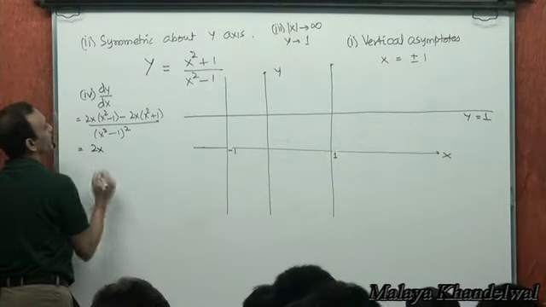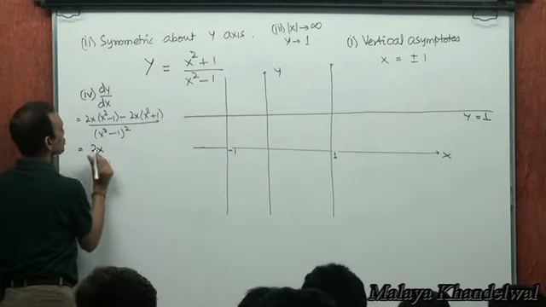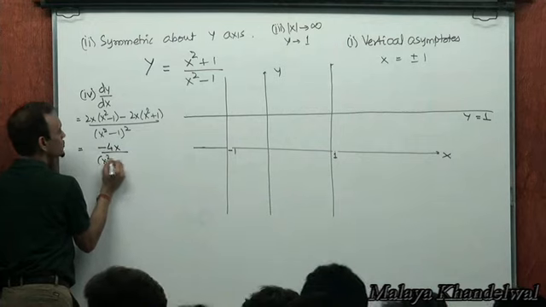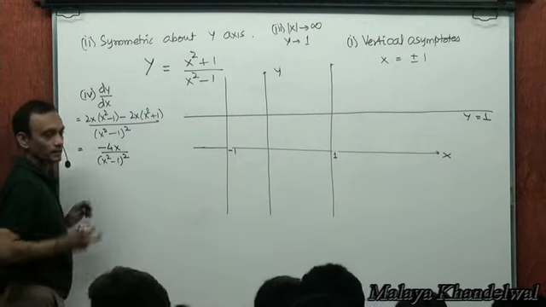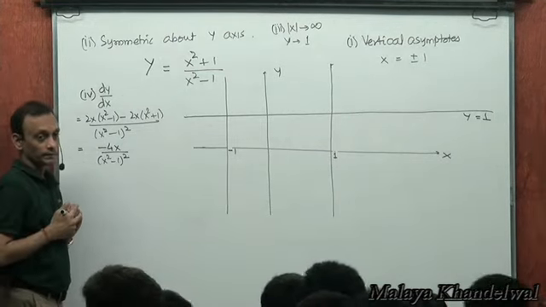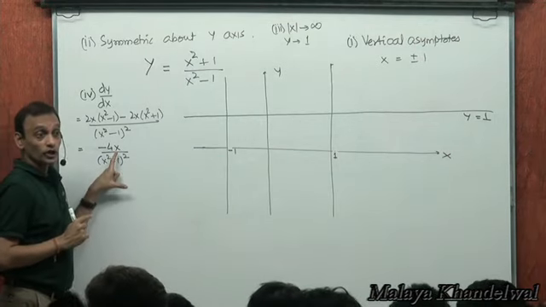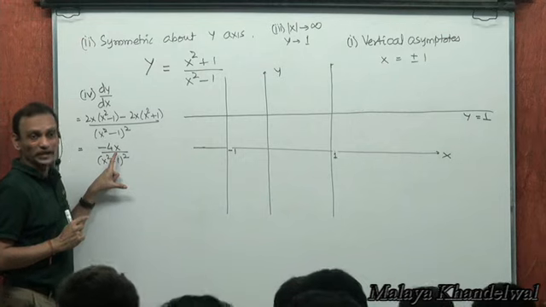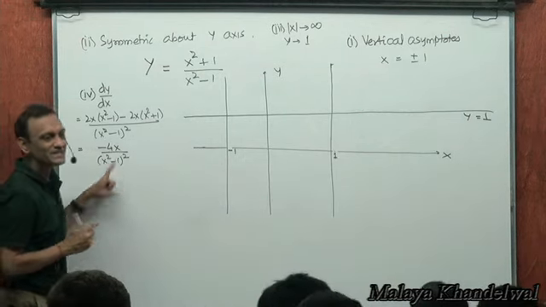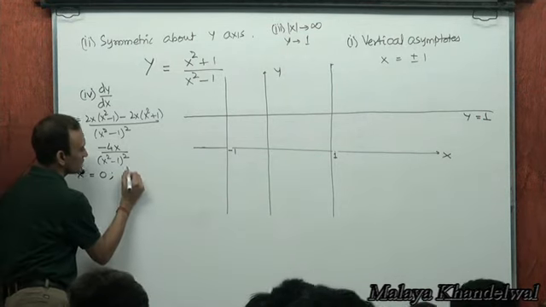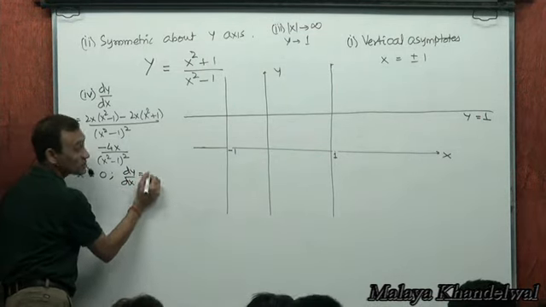Which is like 2x into minus 2, so that makes it minus 4x by x squared minus 1 whole square. Therefore, do you see that x equal to 0 is the only critical point, a point where dy/dx becomes 0?